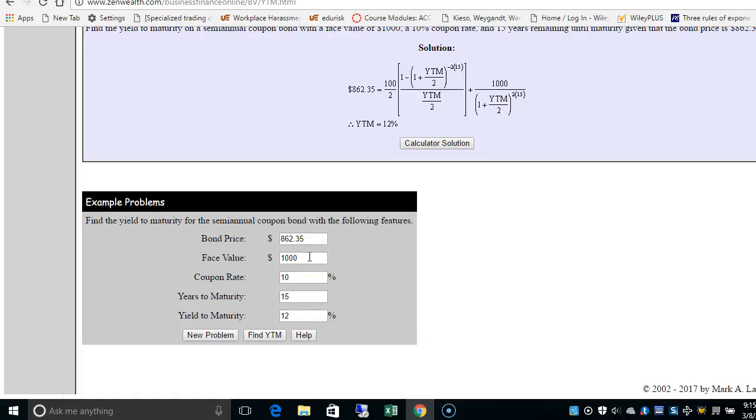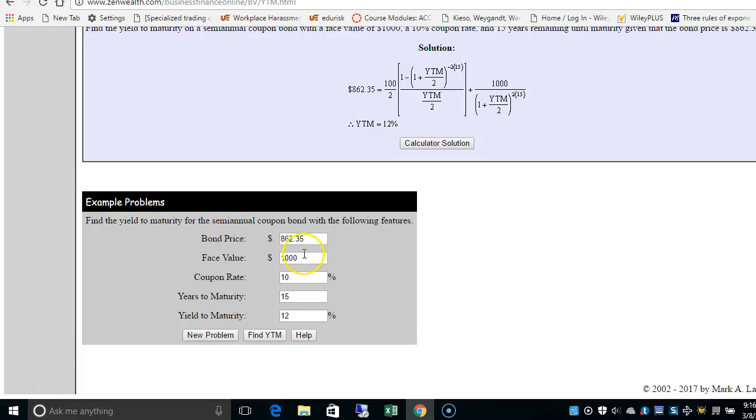Now, we know in 15 years that $1,000 is really not worth $1,000. It's worth less the discount rate. The discount rate essentially is the yield to maturity. So we're earning 12% on this maturity because we didn't pay $1,000. We paid less. So right there, there's a spread. We have a gain because we paid less.